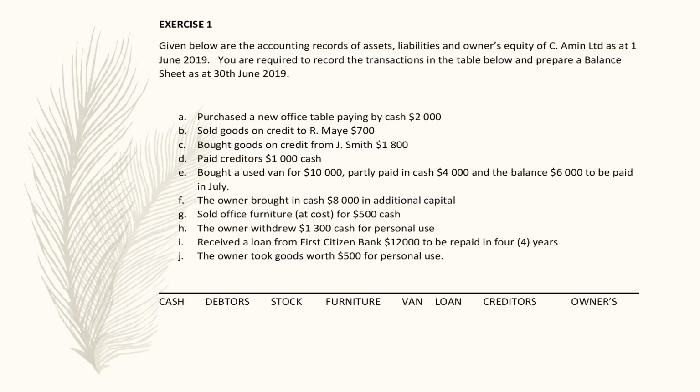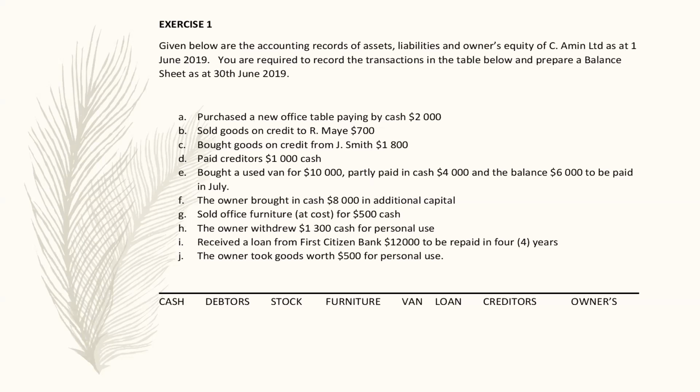And of course, that will also affect his capital or owner's equity. You put minus $1,300 because he reduced his capital by $1,300. So under owner's equity, you put a minus $1,300 as well.